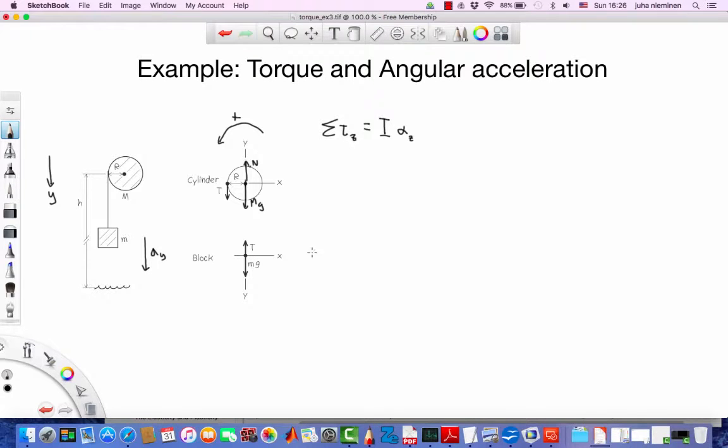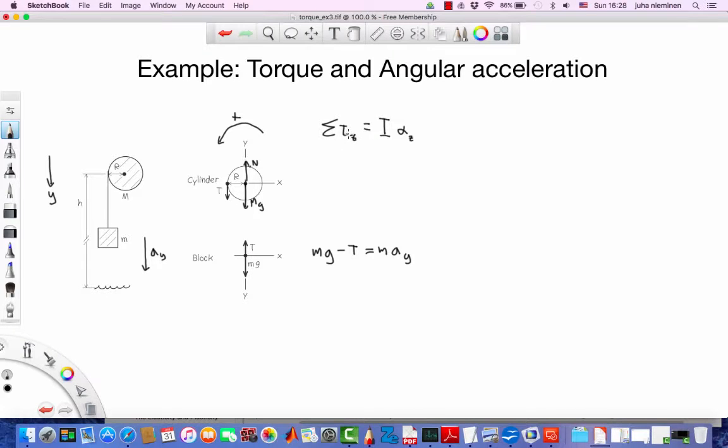First of all we have gravity mg pointing down, and then the tension force pulls up, and those two forces together give the linear acceleration down. So we have two unknowns, tension force T and the acceleration ay. So we have to take one of those from the equation for the cylinder.